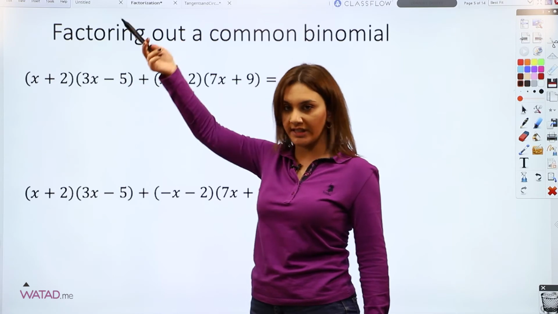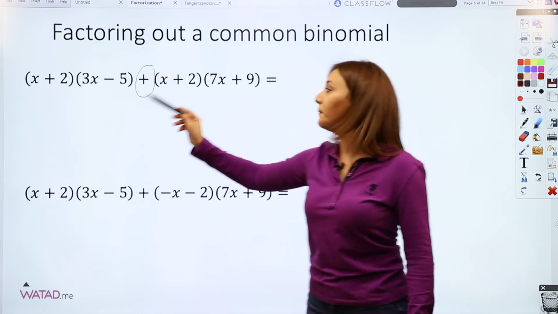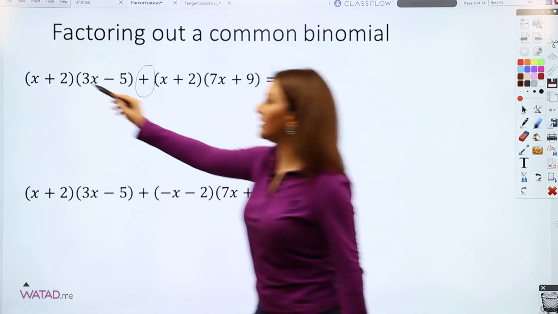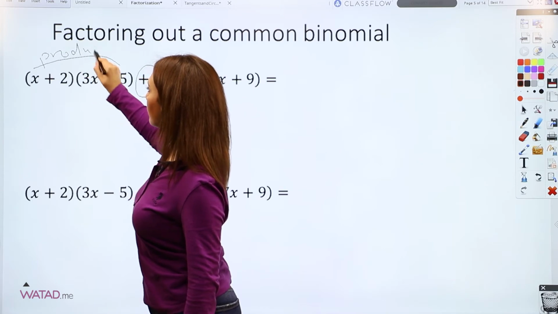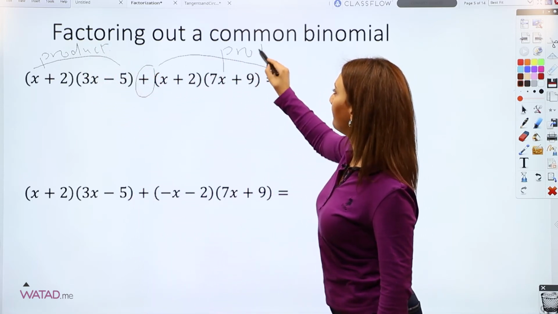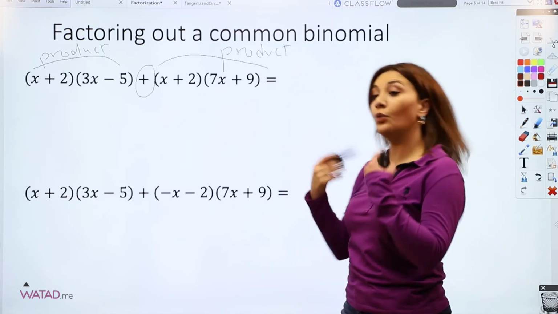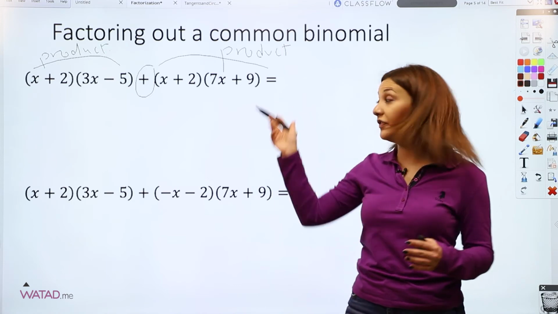This is the same as the first example. Plus, be careful, this is not a multiplication. Plus another product. So this is the first product, and this is the second product. And I have the sum of them. I want you to write the factorized form, the final factorized form of this big expression.